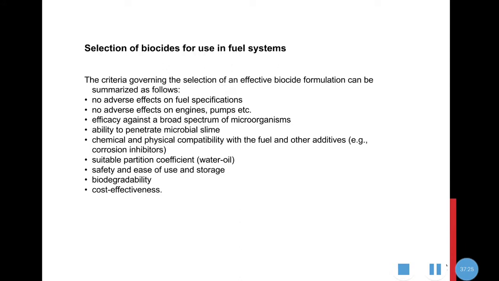Okay, dalam fuel system pun kita boleh guna biocide, and here dia bagi the criteria for the biocide yang kita apply dalam fuel system, supaya dia tidak memberi kesan, orang kata dia influence ataupun affects the performance of the fuel.